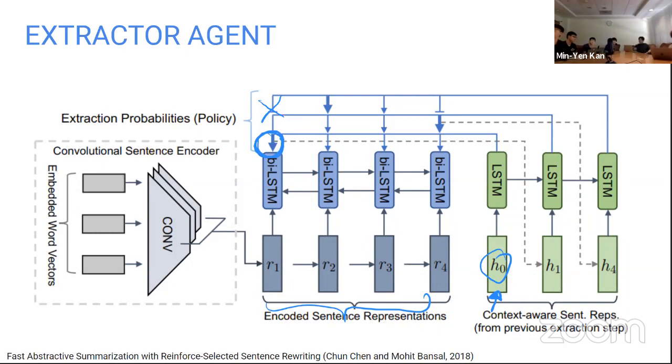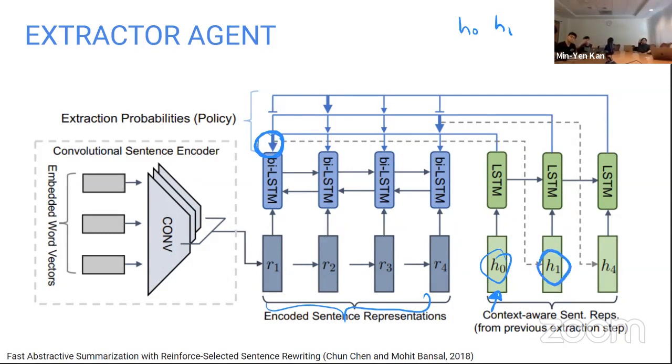So that's why in the next step here, this one over here, this is H4. That says after you decided to pick H1, my summary right now is H0 and H1, because at that time step I've already picked H1. So I've already included it, and I want to pick the next sentence.